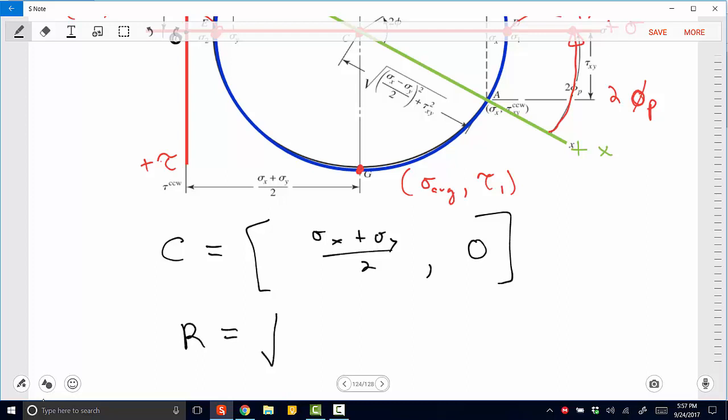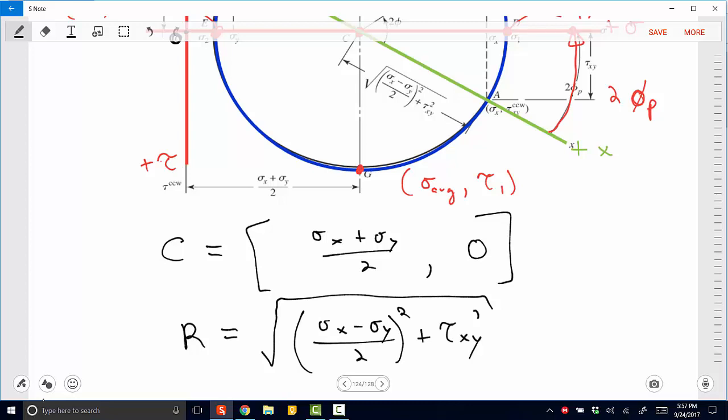The radius is equal to the square root of sigma x minus sigma y divided by 2, squared, plus tau xy squared. So you can see that we're reusing these same terms that we've seen previously, right?